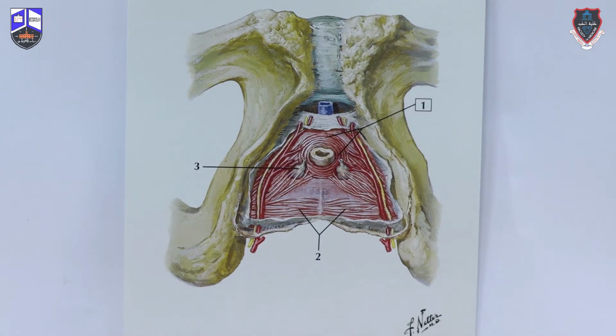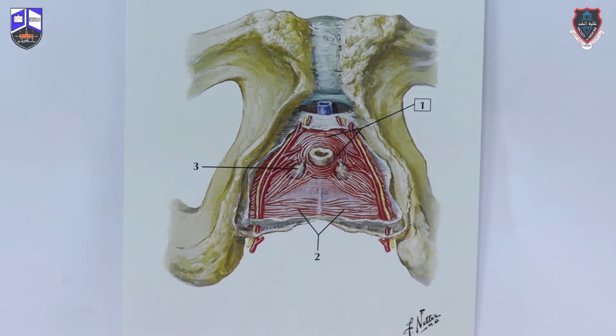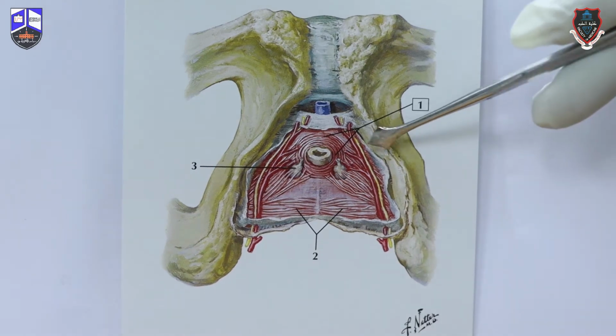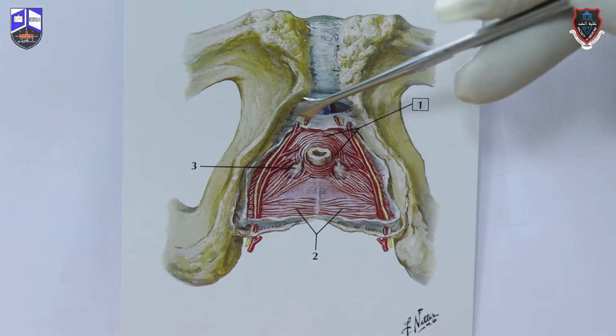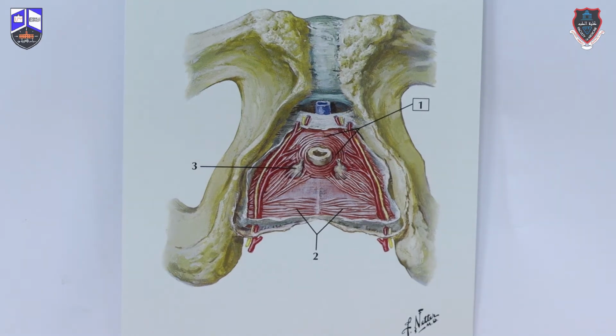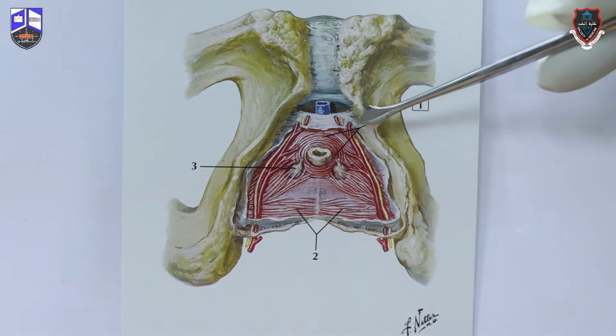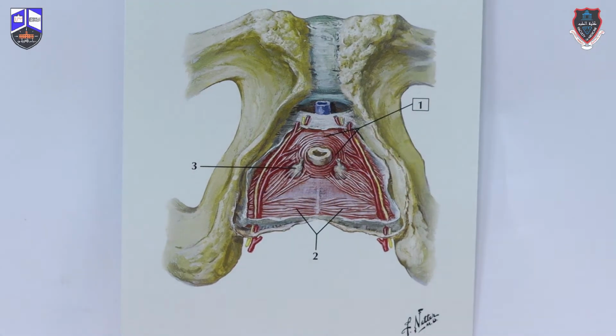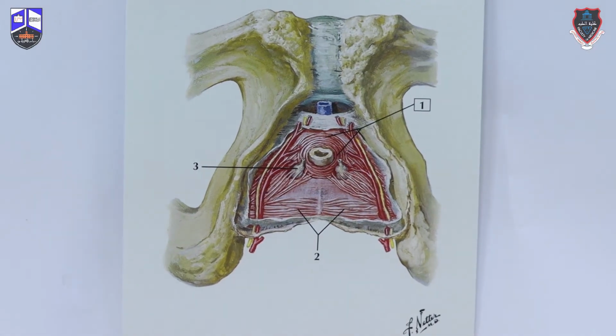The inferior fascia is thicker and tougher than the superior one, and it is also known as the perineal membrane. So when we hear the term perineal membrane, it is the same as the inferior fascia of the urogenital diaphragm.